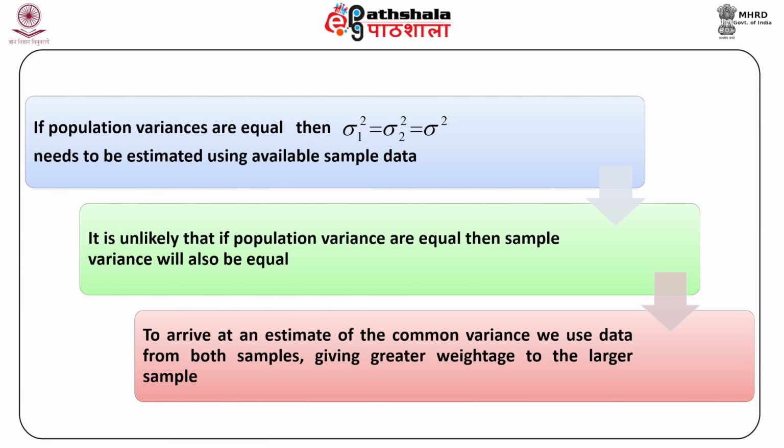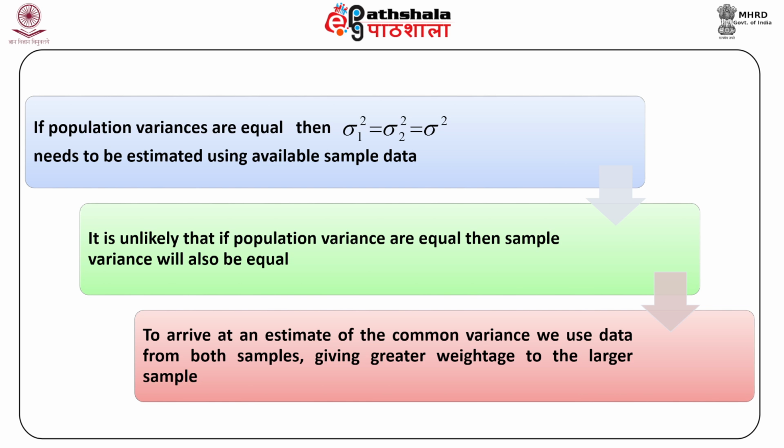If population variances are equal, then sigma 1 square will be equal to sigma 2 square and could be written as sigma square. And this needs to be estimated using available sample data. So far, we had used s square x and s square y to estimate the two population variances.